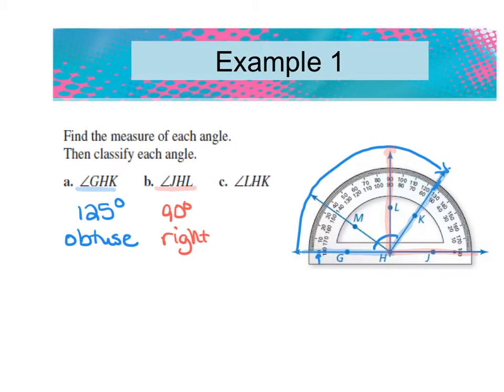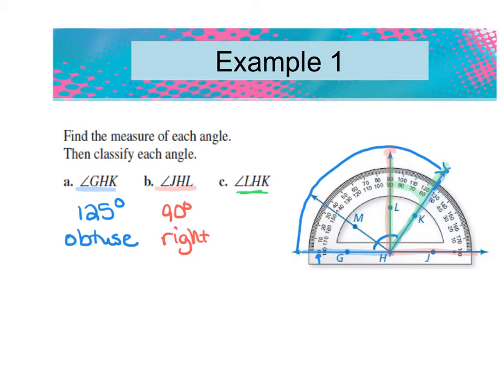Now LHK is here. Let me highlight. Notice that it's not starting at 0, so this is where we're going to need to subtract to figure out how big this is. Now, you could either subtract the inside or the outside. I'm going to do these inside numbers here.